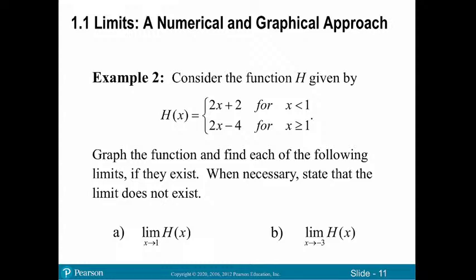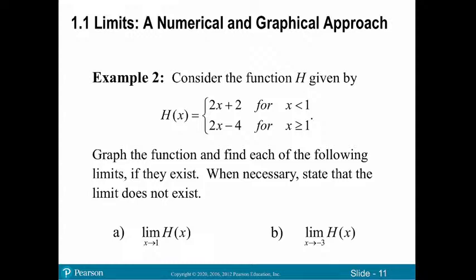So if you choose values of x, you can do 0 and then a half and then 0.9 and then 0.99 and then 0.999, right? You should find that those y values get closer and closer to 4. Coming from the right, we might choose numbers like 2 and then 1.5 and then 1.1 and then 1.01 and then 1.001 and so on.